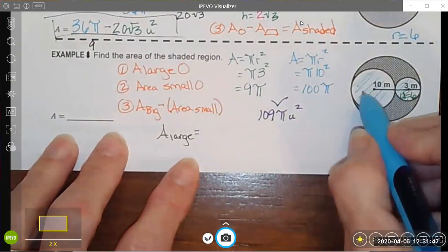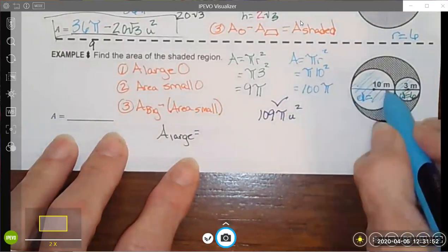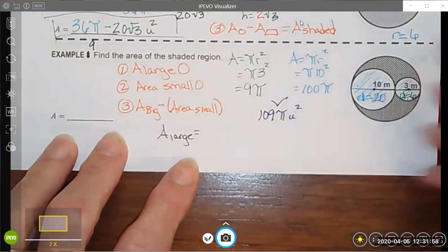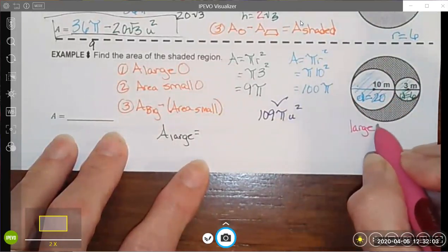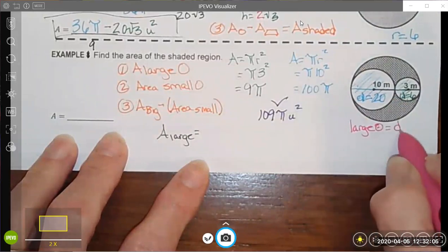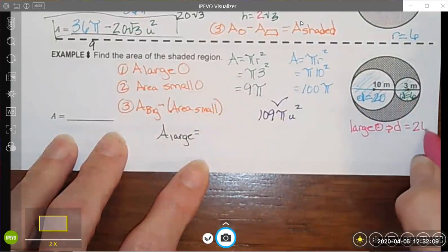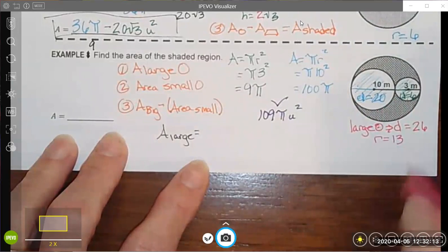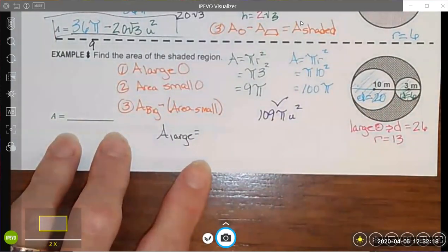And if I look at this larger circle here, I know that the diameter is equal to the radius times 2, which is 20. So then if I go to the large circle, its diameter is going to be equal to 20 plus 6, or 26. So the radius of this circle is half of the diameter, or 13 units.